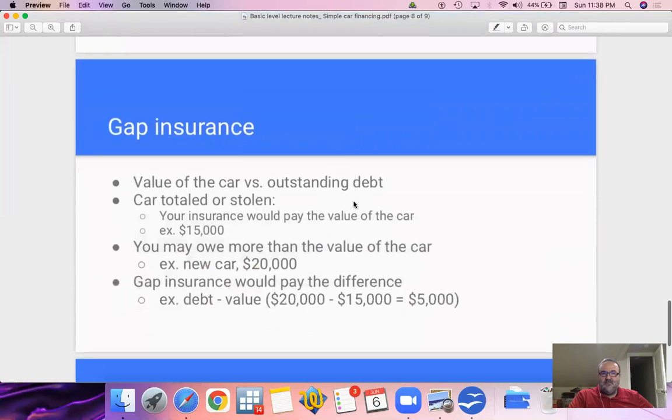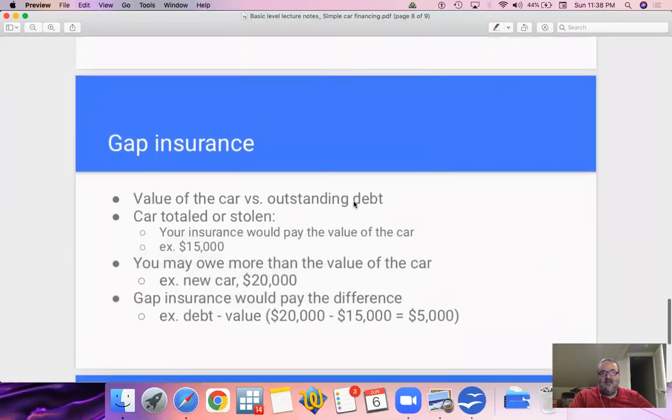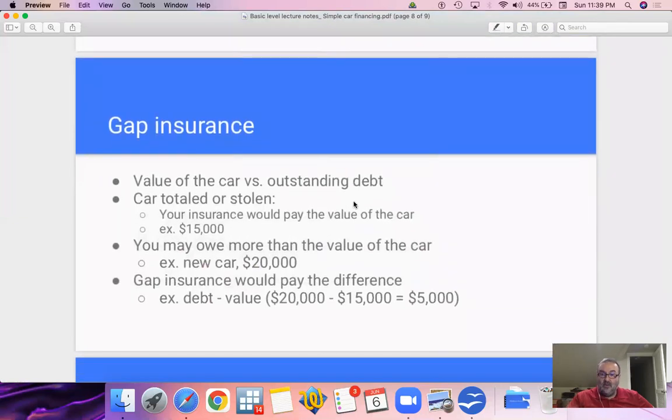So gap insurance works like this. The traditional full coverage insurance, even if you're paying an excessive amount of money, you're thinking you're fully insured, you really are not. What happens is this, especially if you're buying a brand new car, the value of the car depreciates immediately as you drive off the lot. People say it's about 20% the first day.